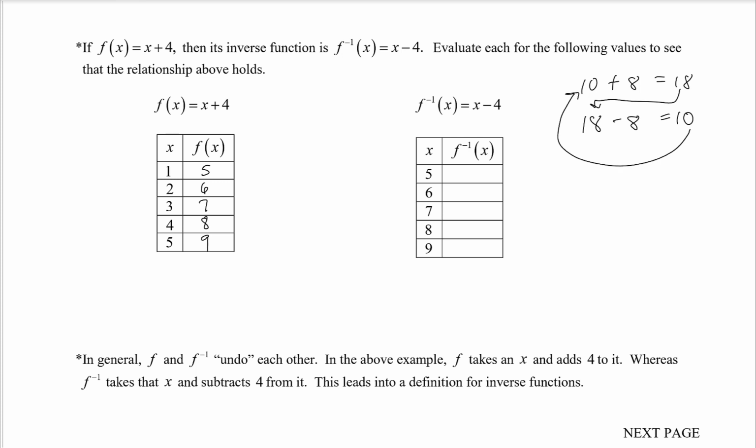So addition and subtraction are, we say, inverse operations. They can undo each other. So if I add a number and I go, whoops, I need to go back to where I started, I can subtract to go back where I started. Or if I subtract something to start with, I can add a number to go back to what I started with. So we learn lots of different inverse operations.